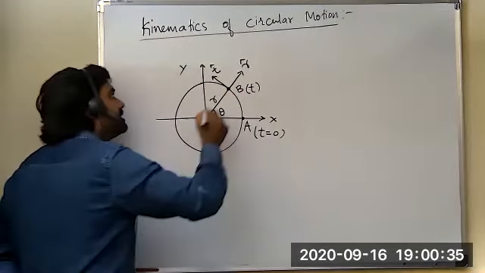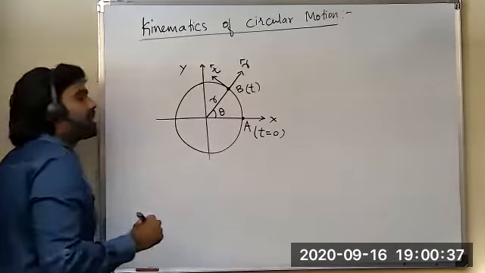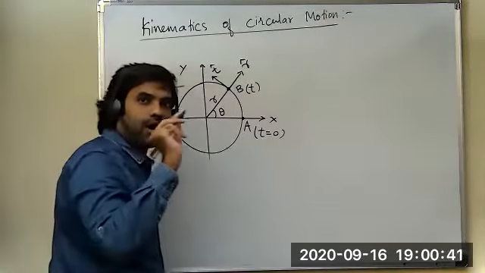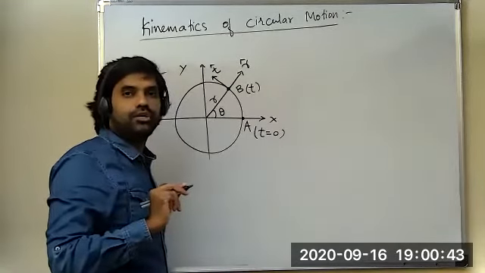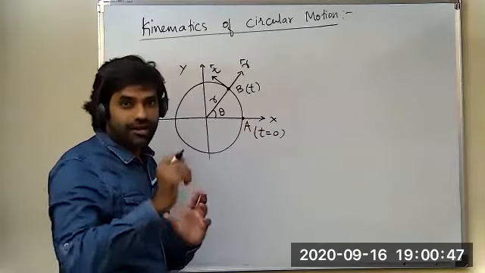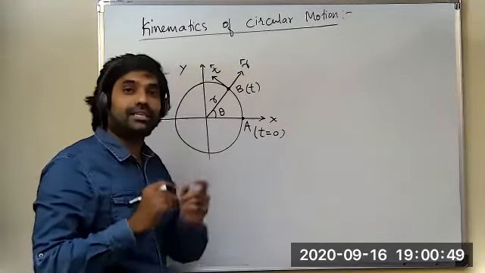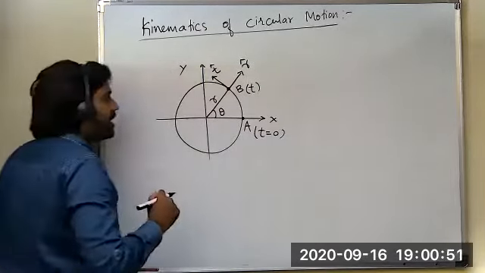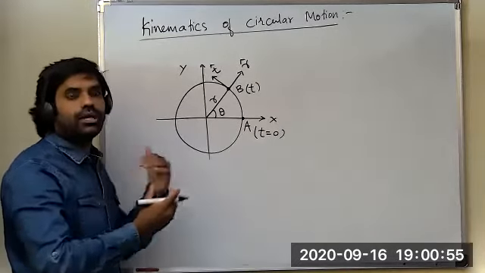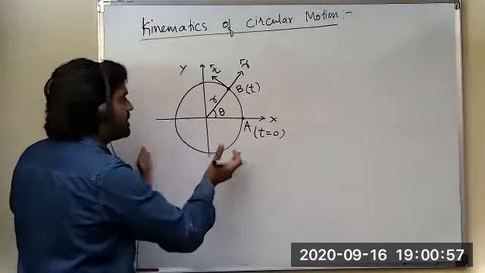Now let us consider r cap is the unit vector along the radius and t cap is the unit vector along the tangent. Because students, in circular motion, we will see few parameters lying along the radius and few parameters lying along the tangent. In order to give all those parameters with the mathematical proof, I have considered this situation.